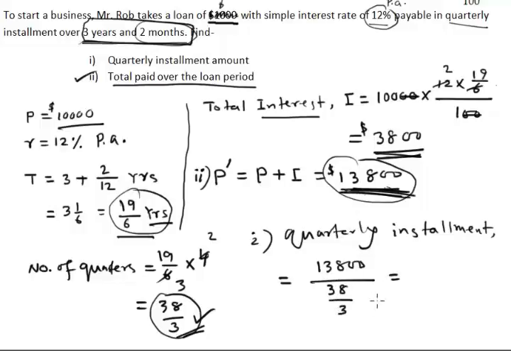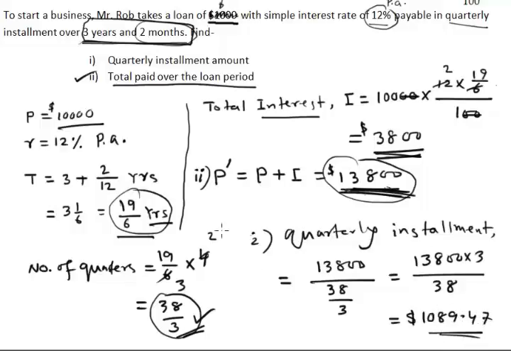If we take this 3 up, it will be 13,800 times 3 divided by 38. If we use a calculator, we will get the same result as we got previously, $1,089.47. So this is another approach where we kept the time period as a year, calculated the total interest first, the total amount payable first, and then distributed the total amount over the quarters and found the quarterly installment.